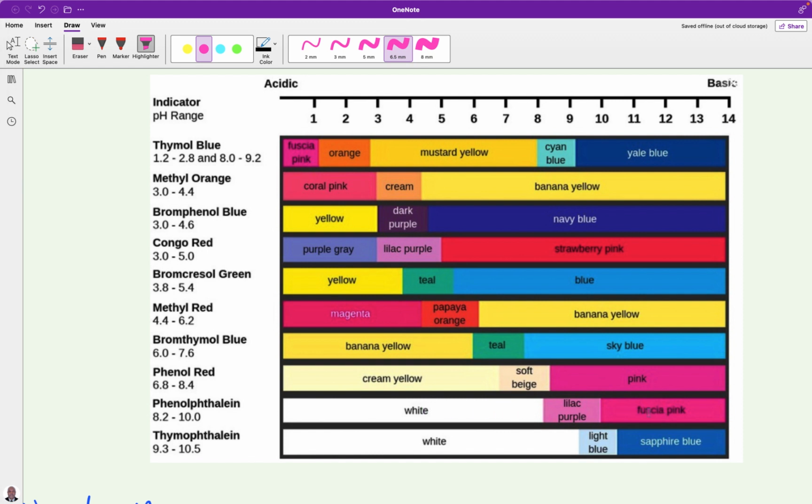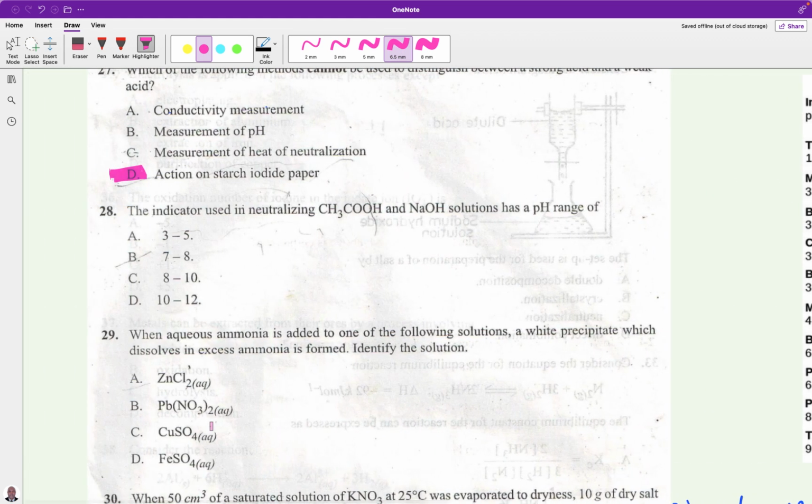So it will result in pink. The end point will be pink, and phenolphthalein pH is 8.2 to 10. That is our answer for this, C.